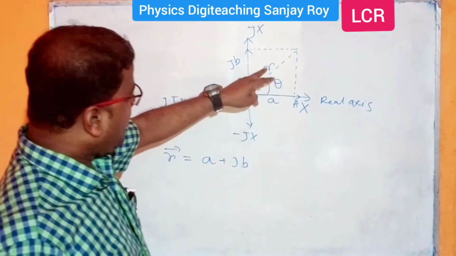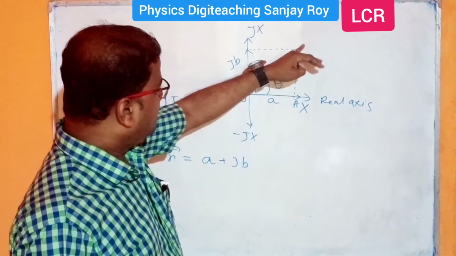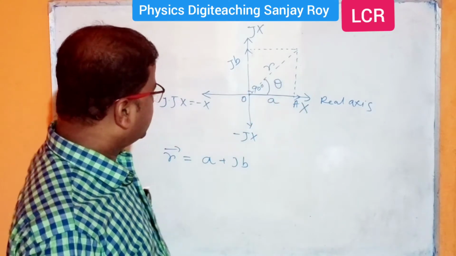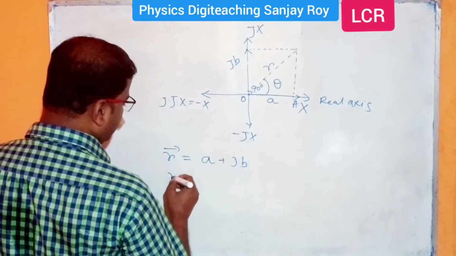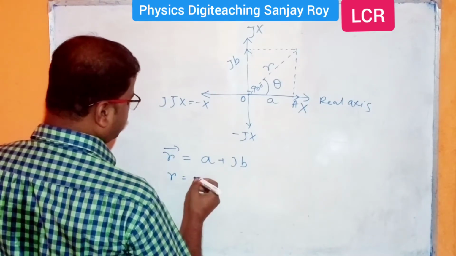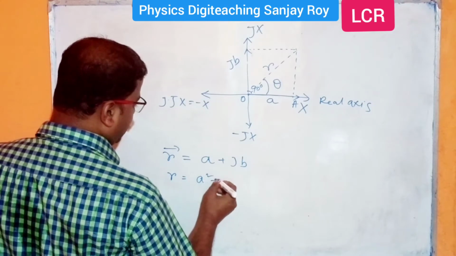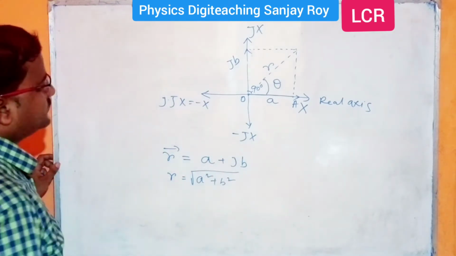That is, the vector R makes an angle theta with the real axis. The magnitude of R is given by the square root of A square plus B square.